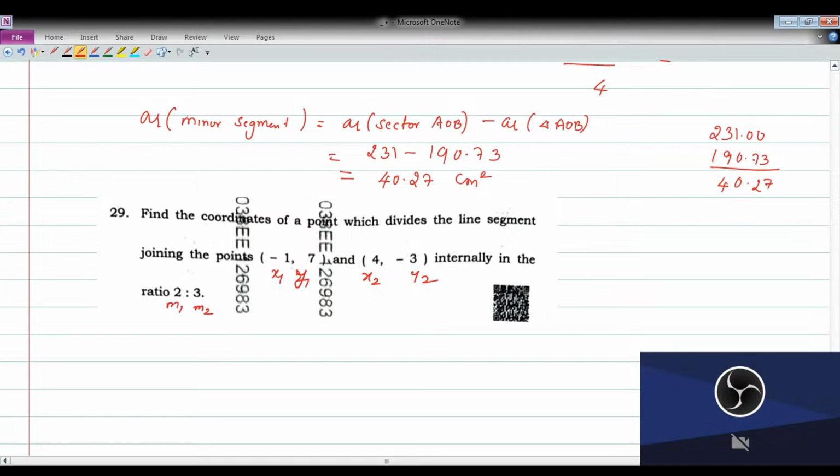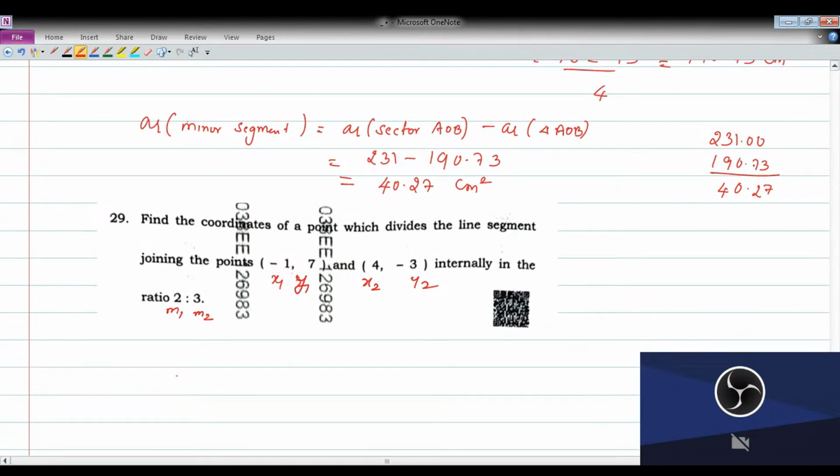We need to find the coordinates. What is the formula? P of x comma y is equal to m1 x2 plus m2 x1 divided by m1 plus m2, and m1 y2 plus m2 y1 divided by m1 plus m2.